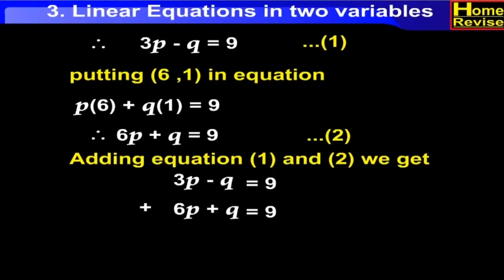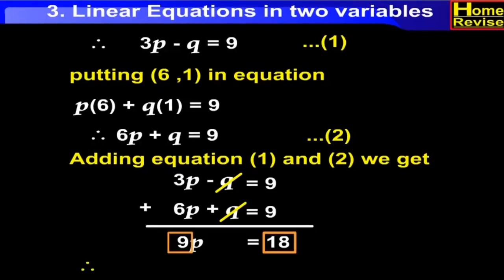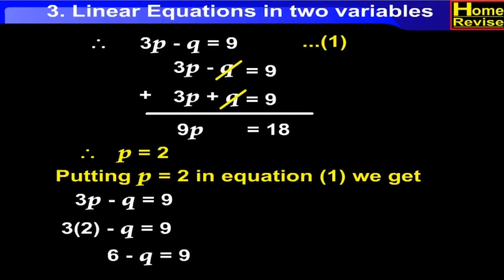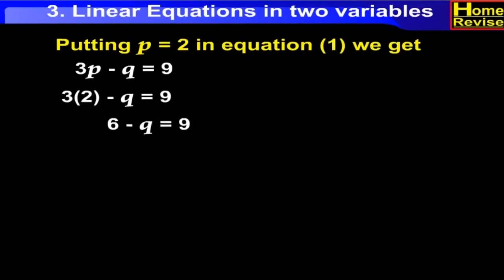Here, minus q plus q gets cancelled out and we get 9p is equal to 18. Therefore, p is equal to 18 divided by 9. Therefore, p is equal to 2. Now putting the value of p in equation 1, we get 3p minus q is equal to 9. 3 into 2 minus q is equal to 9. 6 minus q is equal to 9.